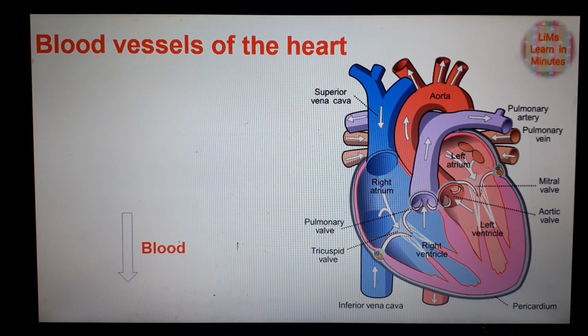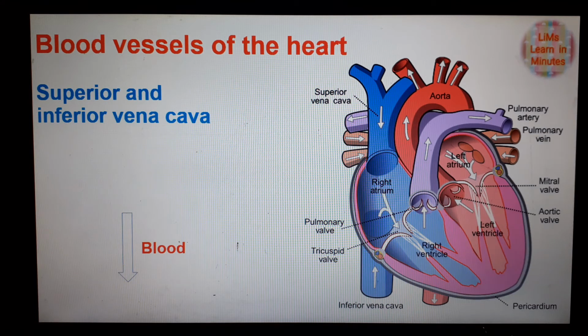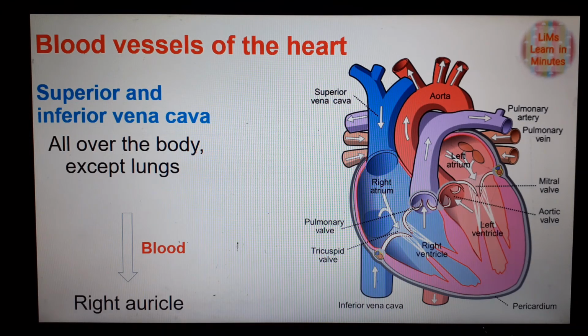Then, blood vessels of the heart. The main blood vessels of the heart are, first, the superior and inferior vena cava. The superior and inferior vena cava bring blood into the right auricle from all over the body except the lungs.